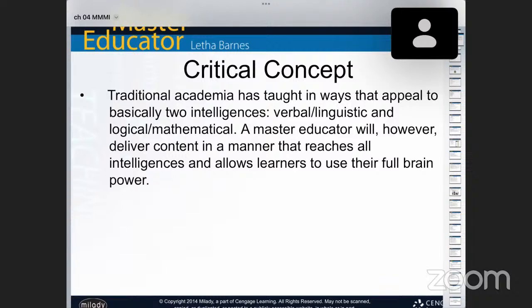As we move to our critical concept, it says traditional academia has taught in ways that appeal to basically two intelligences, either verbal linguistic or logical mathematical. In the past, they either get it better when you break it down, or they get it better when you put it in a to-do list, adding numbers.